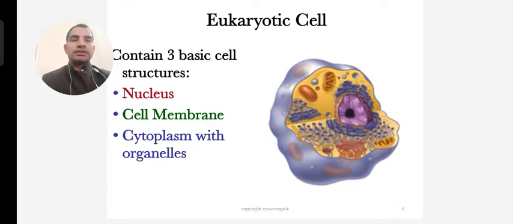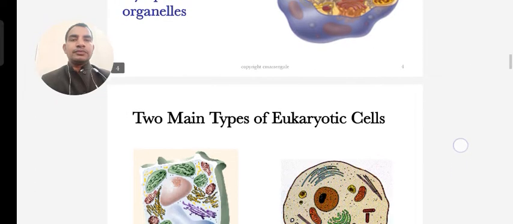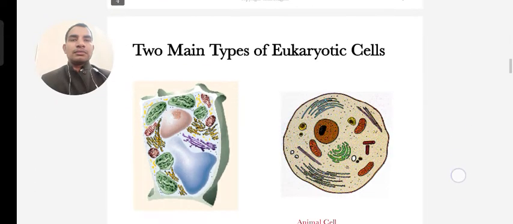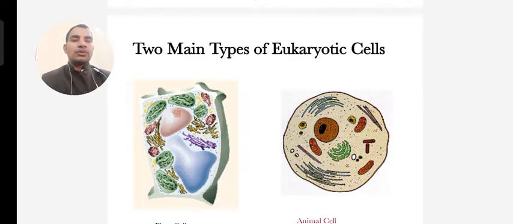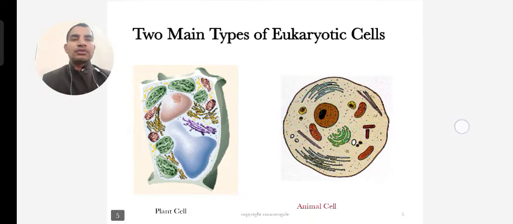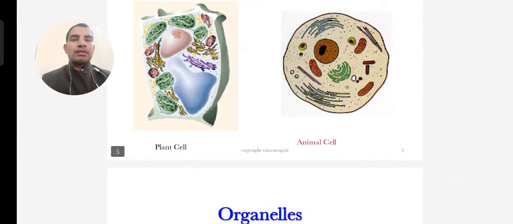Next, there are two main types of eukaryotic cells: plant cells and animal cells. Animal cells have a round shape. They are two types, with only some different parts.